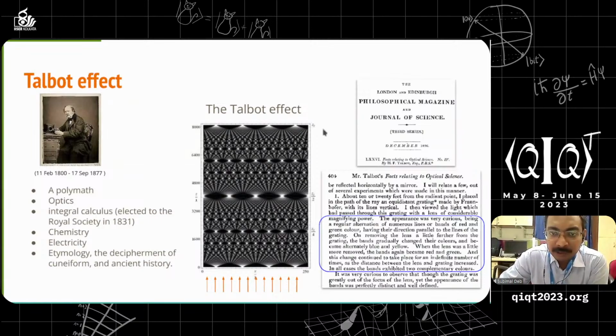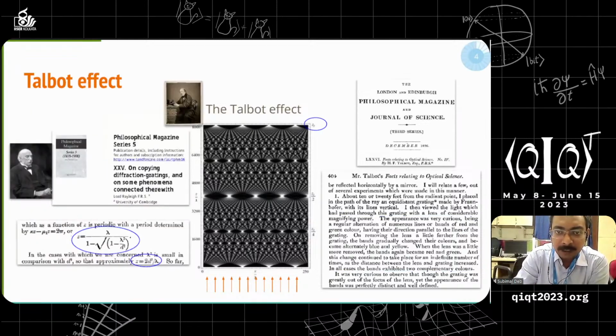You see the image of the grating being produced perfectly. So that distance is marked by ZT, and it is now called the Talbot distance.